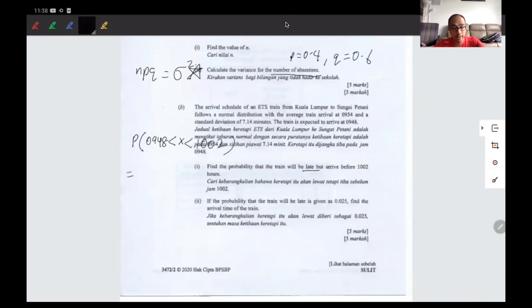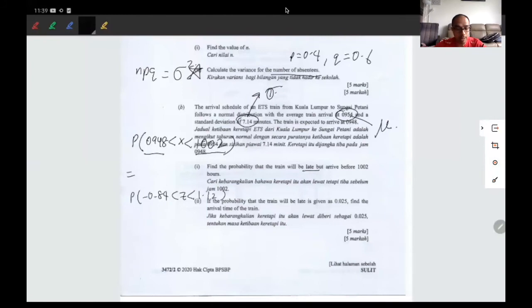Since the average train arrival is 0954, this will be our mean. Standard deviation is 7.14, this is our sigma. So you change 0948 to a z-score, and you change 1002 to a z-score, just minus the mean, and you will get negative 0.84 and 1.12. So you get P of negative 0.84 less than Z less than 1.12.